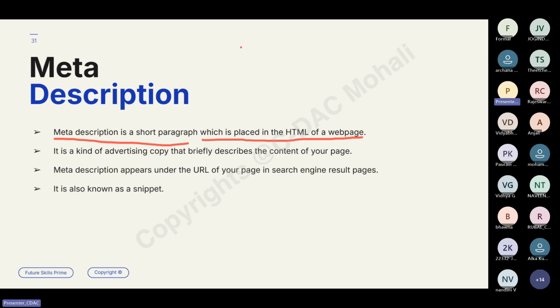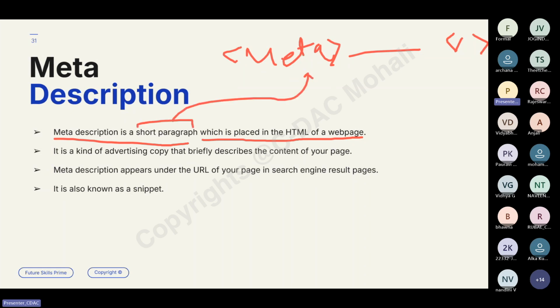There are certain tags like meta in your HTML code. These tags contain a short paragraph, and it is a kind of advertising copy that briefly describes the content of your page.